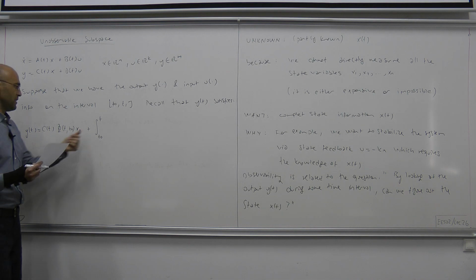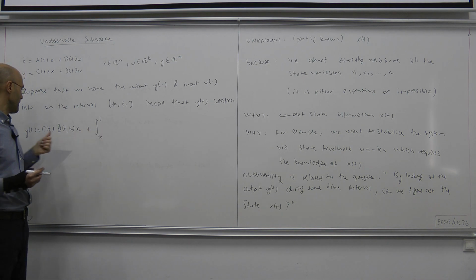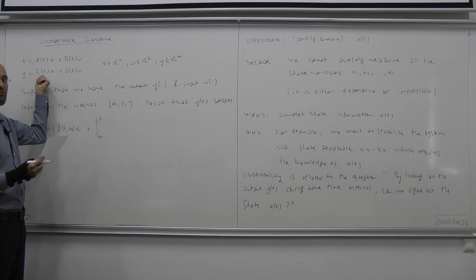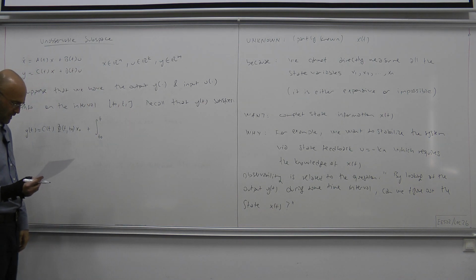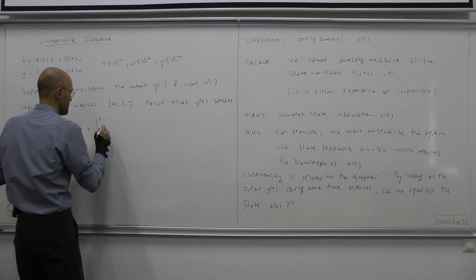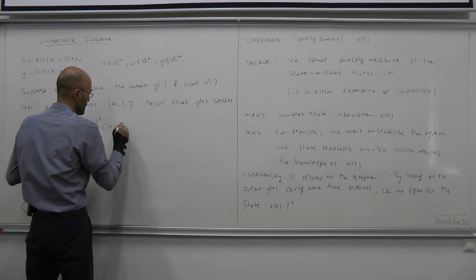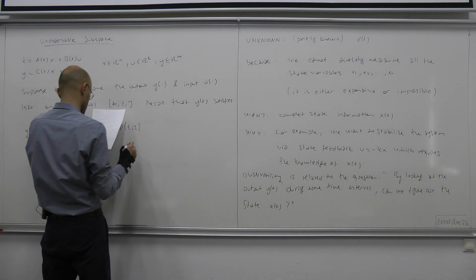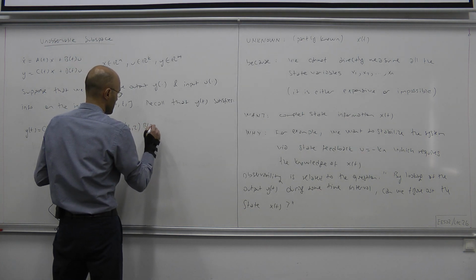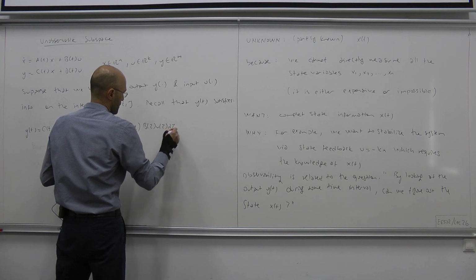And since the integration is with respect to tau and this matrix is a function of t, we can put that matrix inside the integral and write C of t, then the state transition matrix phi of t, tau, B of tau, u of tau, d tau.